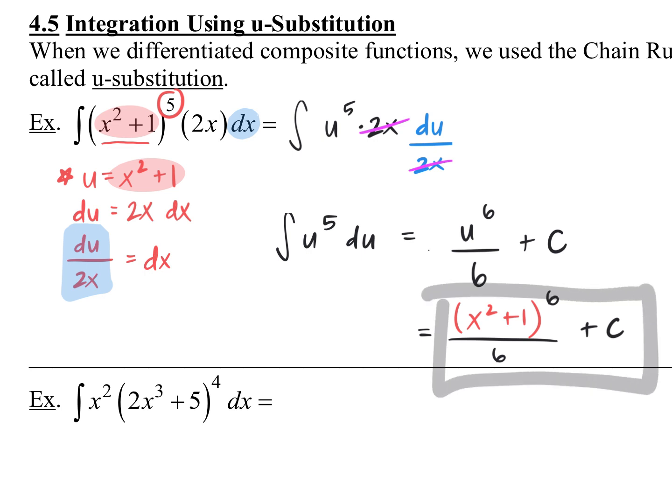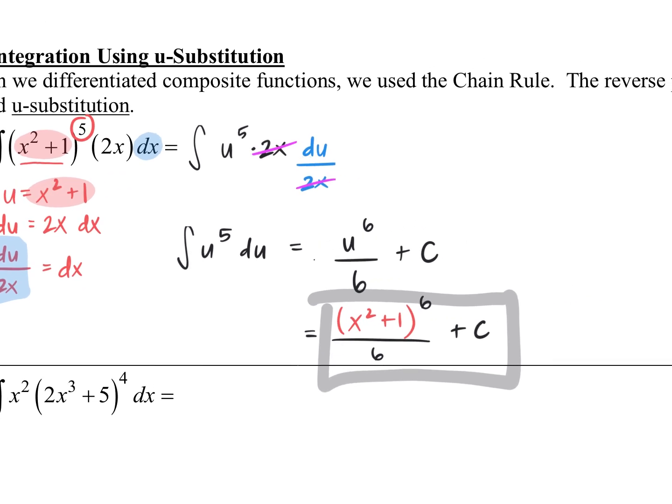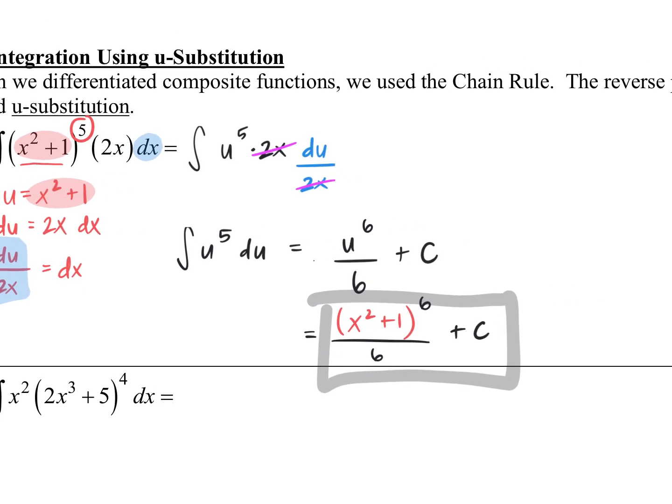Okay. Now we can double check our work, which is kind of the cool part about math. If I take the derivative of this thing that I just highlighted, I should end up with exactly what I had at the beginning. So I'm going to show you that step. If I take the derivative of this piece, this would become 6 times x squared plus 1 to the 5th power, still divided by 6.